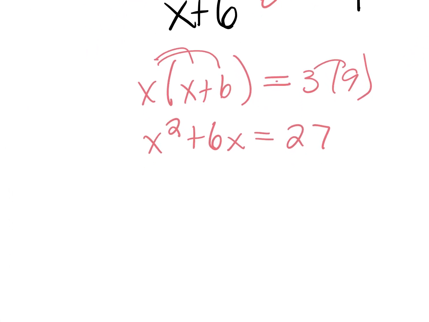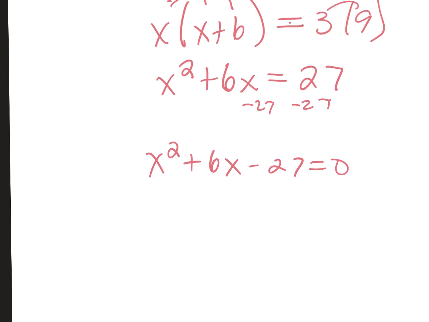Would you guys know how to solve something like this? Yeah. What would we do with 27? We move it over to the other side. I'm going to subtract it. So if I subtract 27, I have x squared plus 6x minus 27 equals 0. Are there factors of negative 27 that multiply to give me negative 27 but add to give me 6? Yeah. What are they? X plus 9, x minus 3.